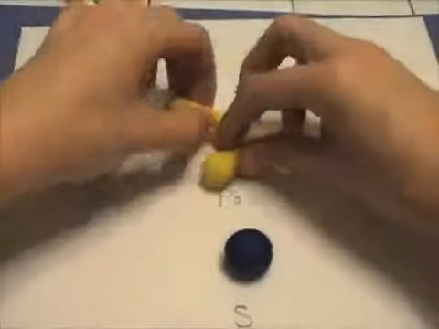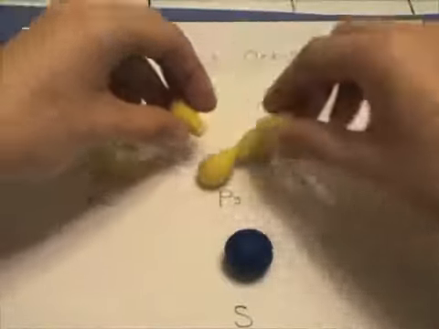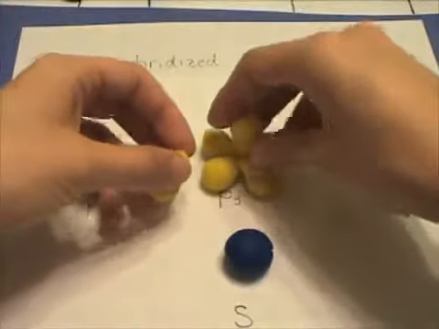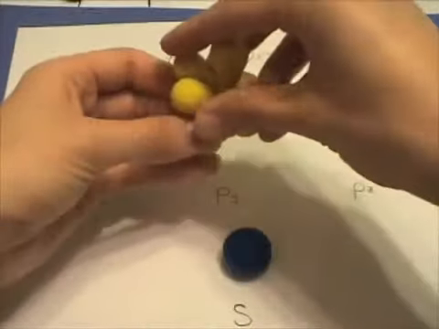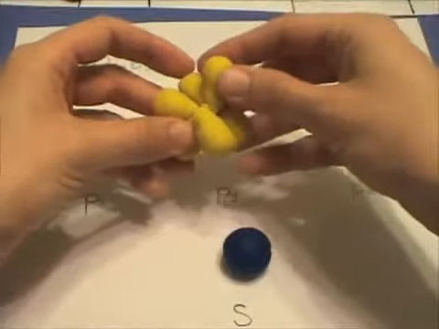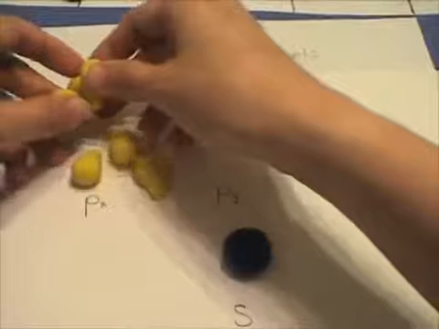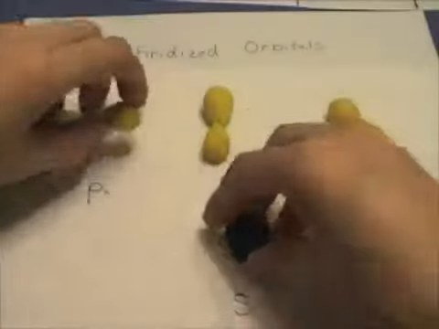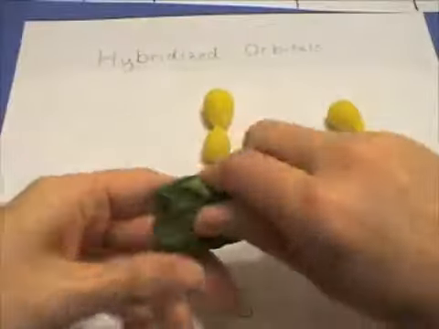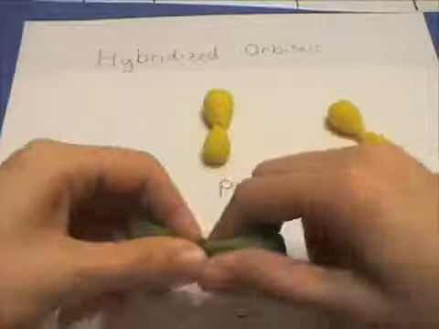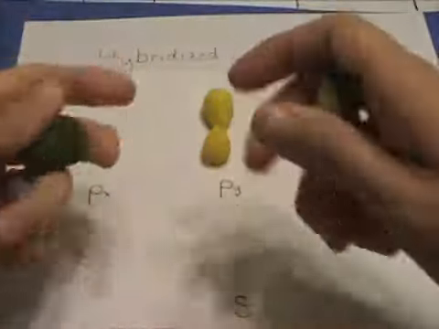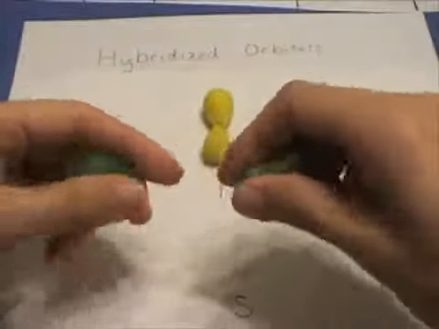So they're actually all together, the same nucleus in the center like this, but we separate them out so that you can just look at one at a time. So here's our x. If we take a p orbital and an s orbital and hybridize them, we can form 2 sp orbitals.